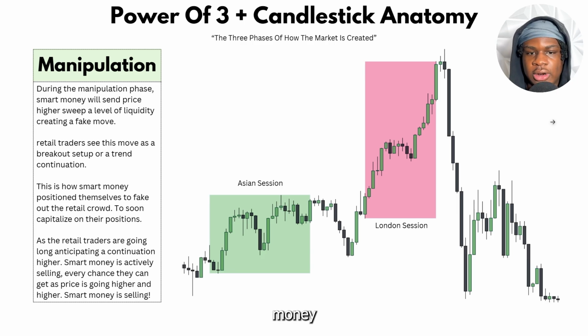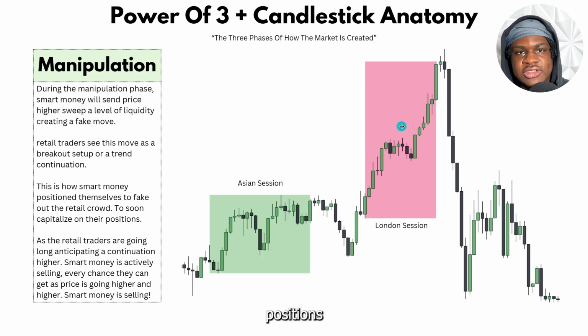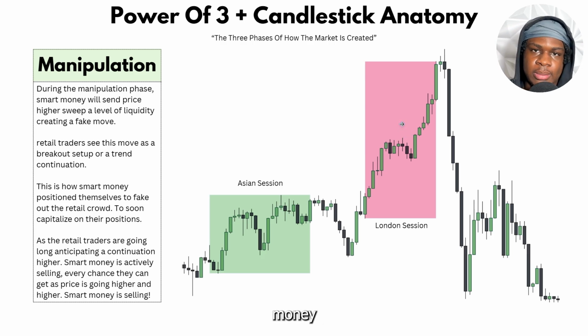And this is how smart money positions themselves to fake out the retail crowd to soon capitalize on their position. As retail traders are going long, anticipating a continuation higher, smart money is actively selling. Every chance they get, every single pullback in price goes higher, smart money is continuously adding sells to their position. As most retail traders are buying, as price is going higher and higher, those buy positions are then offsetted by smart money sells.